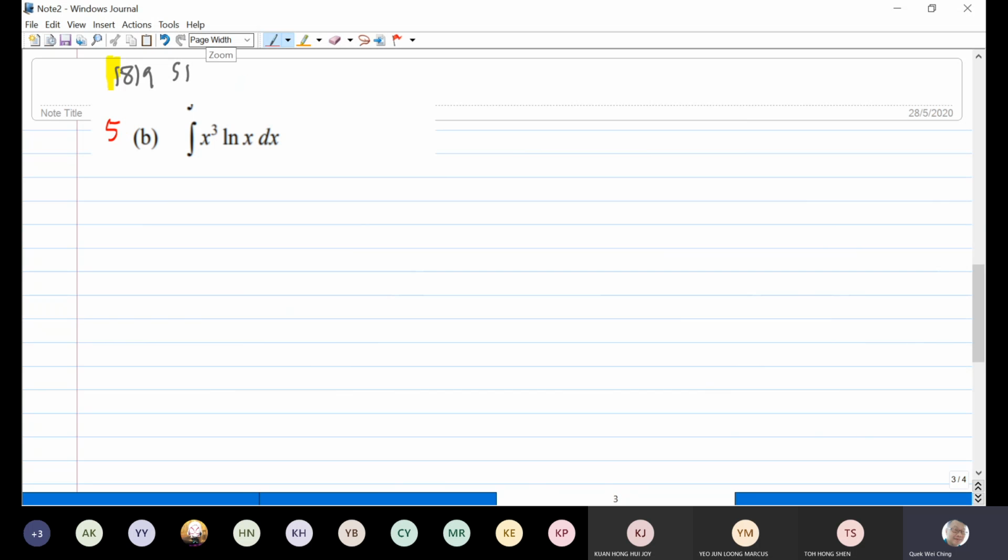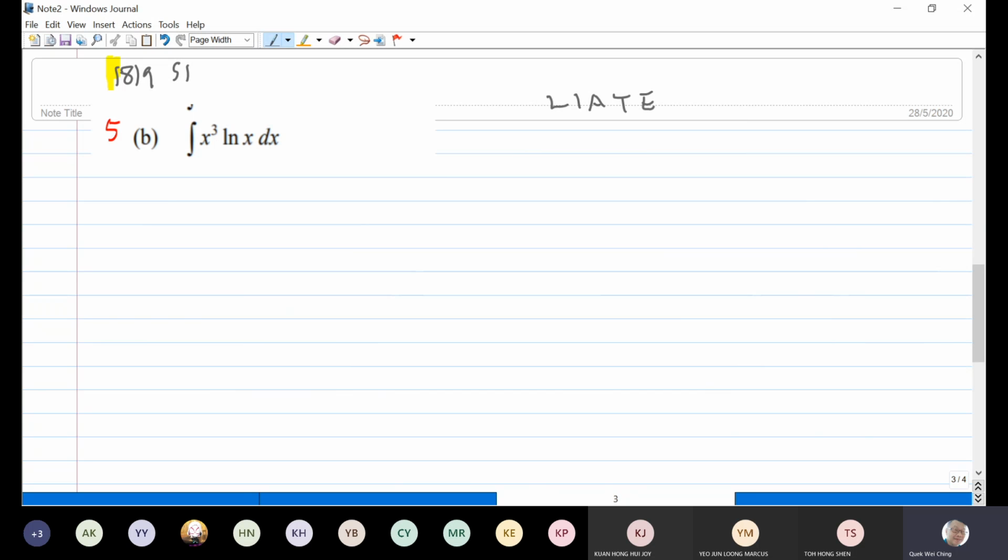So again by parts again. So by parts, the first rule you always remember is using LIATE. First thing, right? L for log function, I for inverse trigo, A for algebraic, T for trigo, E for exponential.